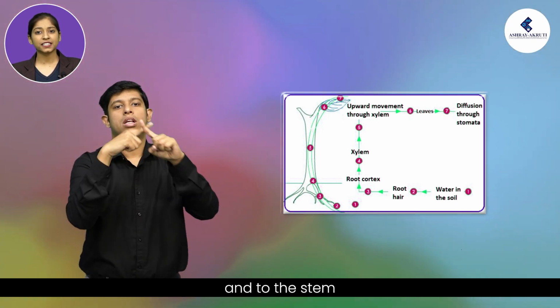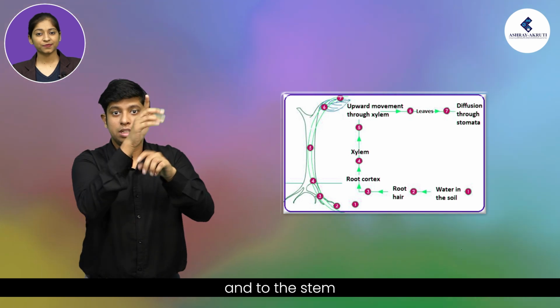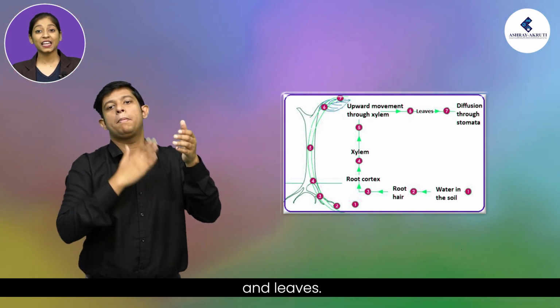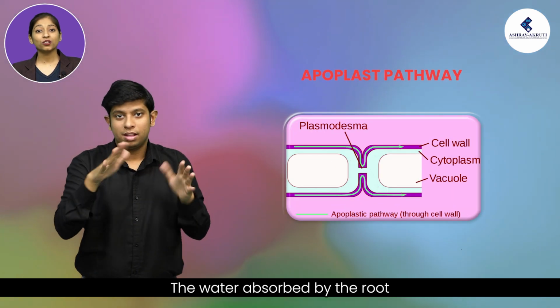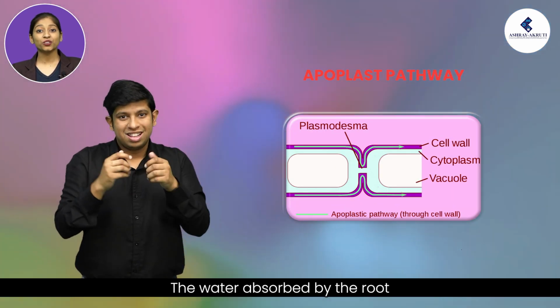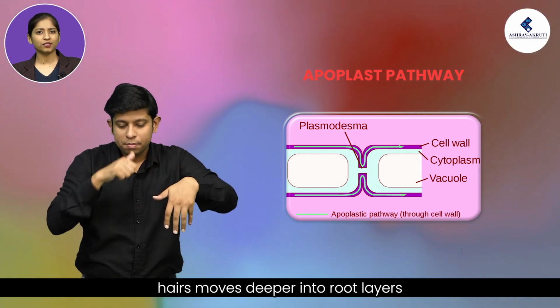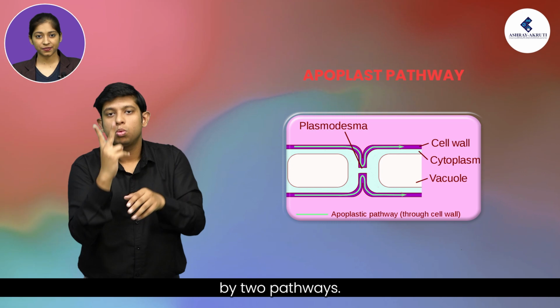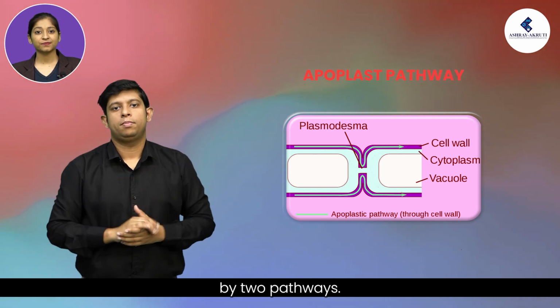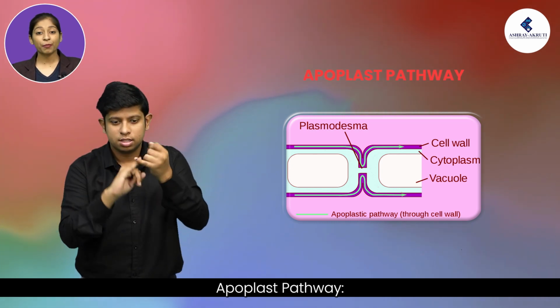And to the stem and leaves. The water absorbed by the root hairs moves deeper into root layers by two pathways. Apoplast pathway.